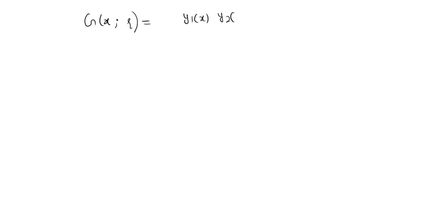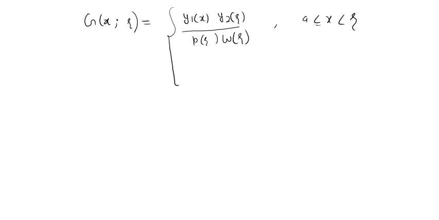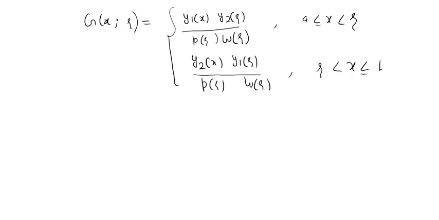A is y2(xi) divided by p(xi) and the Wronskian at xi, and here x is less than xi, on the left side. On the right side it is b times y2, so y2 times b, which is y1(xi) over p(xi) W(xi), and xi less than x less than b.